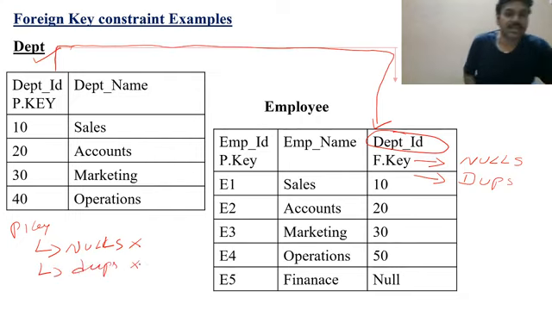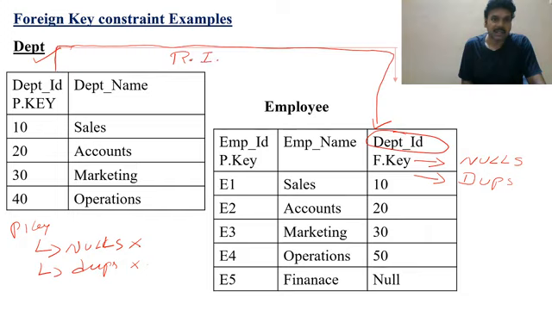Now tell me friends, here there is a referential integrity between the department table and the employee table, as this primary key is being derived into the child instance, that is employee. So I said this referential integrity provides addition integrity as well as deletion integrity. What is addition integrity?